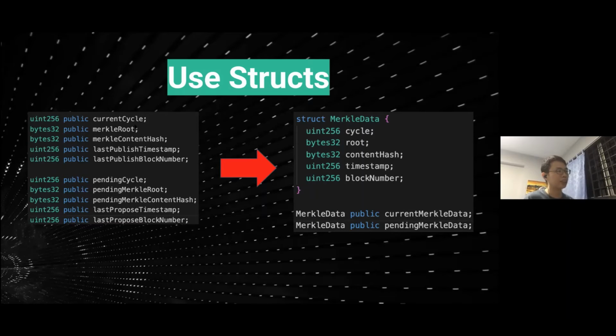This is the current cycle data, and then you have the pending cycle data that's incoming. So maybe it's better to define a struct, and then you define the current Merkle data and pending Merkle data. Using structs will help to remove this problem in a way. But of course, this is just one solution.